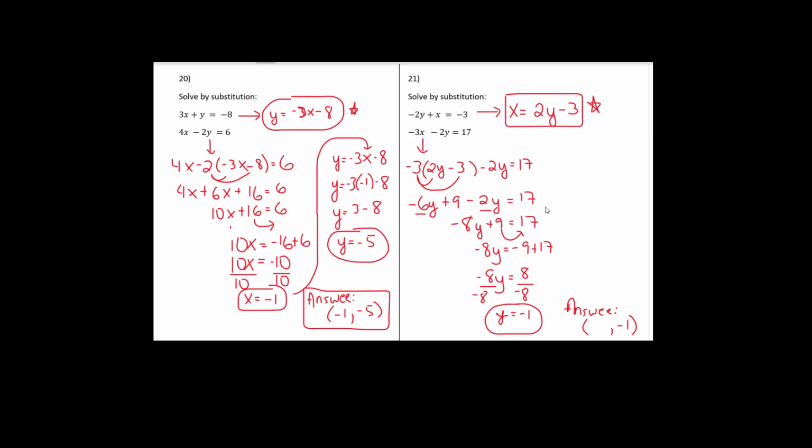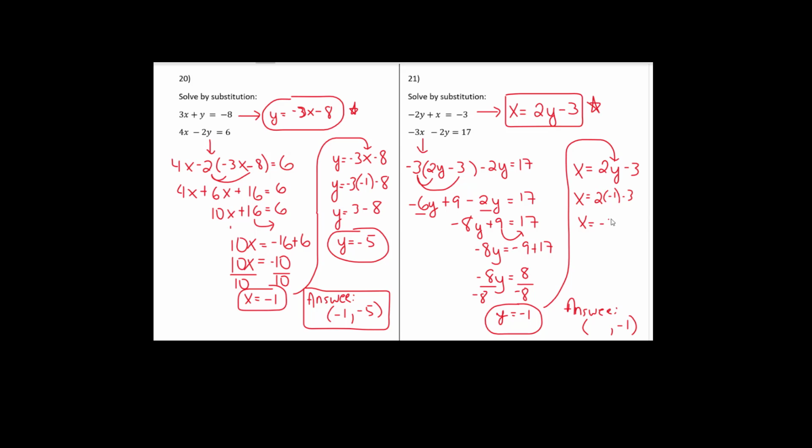We still need to find the x, so we copy the star. And we bring that y value over here and plug it in. So this would be 2, negative 1, minus 3.